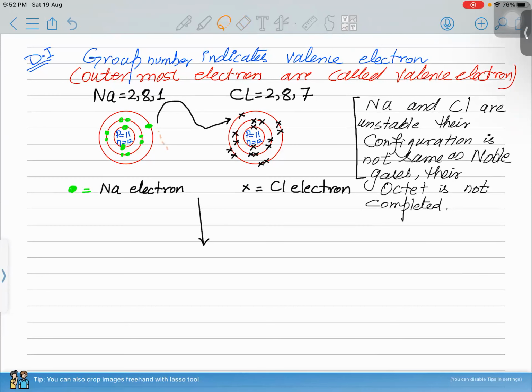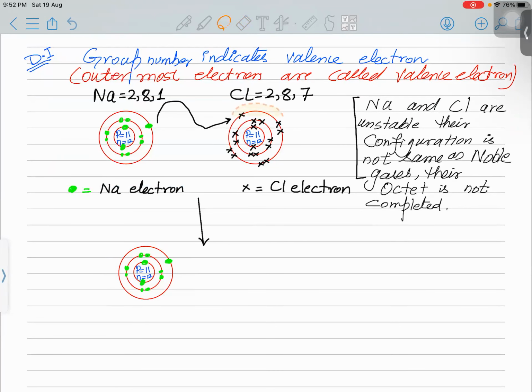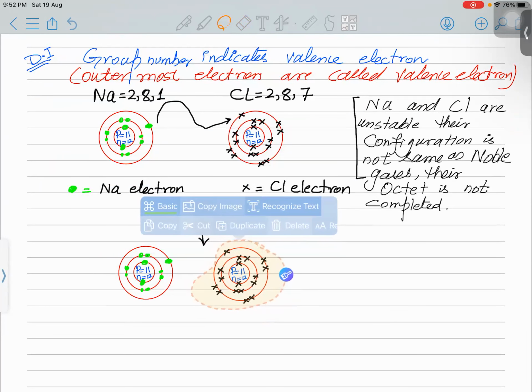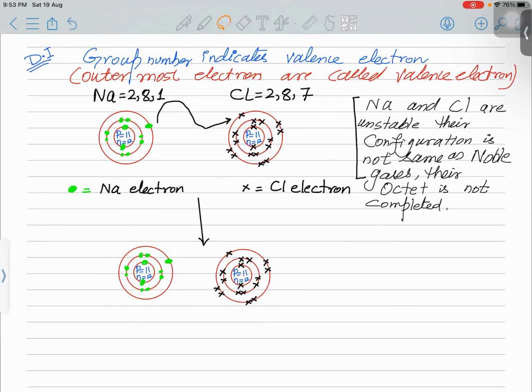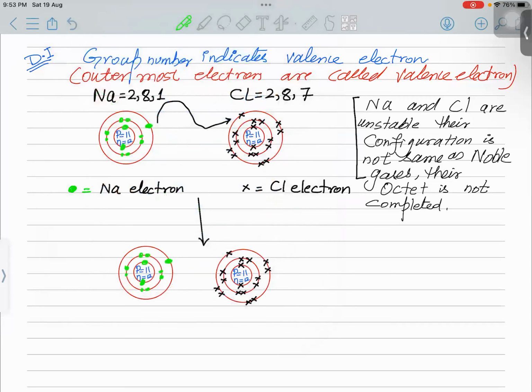Now look at this structure again. Here we have sodium. Here we have chlorine. So when this electron moves to chlorine, this shell is removed.